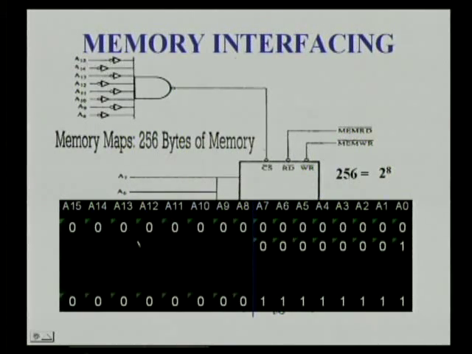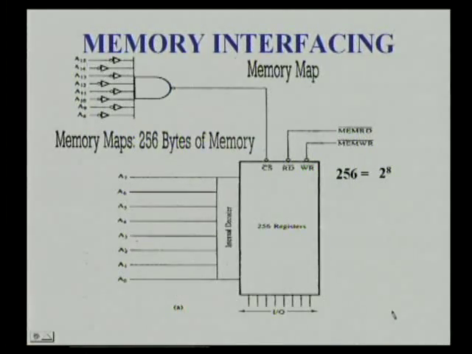So the address map will start at 0000, that is, 4 nibbles are zeros. The last address will be 00FF. So the address map for this will be 0000H to 00FFH.